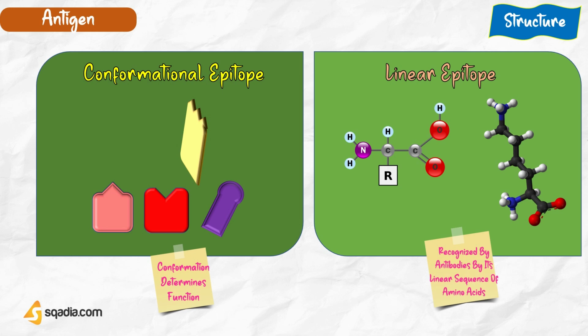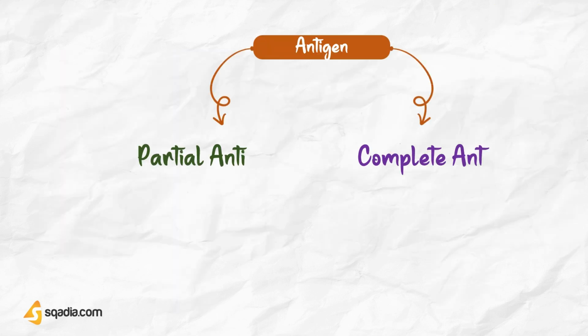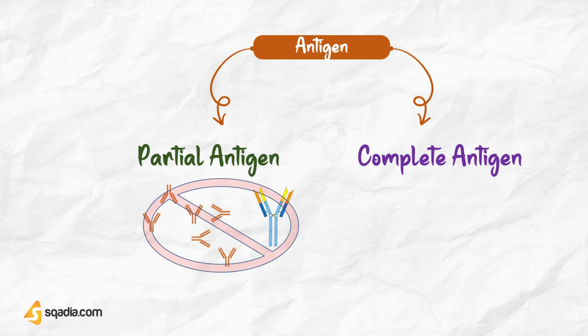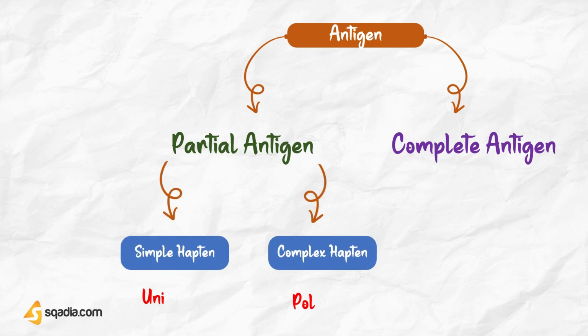We have already discussed the three types of antigens, but an antigen can be further classified based on its function. These are the partial and complete antigens. The partial antigen cannot elicit antibody formation, but can elicit an immune response when coupled with a carrier protein. It is further divided into simple and complex hapten.